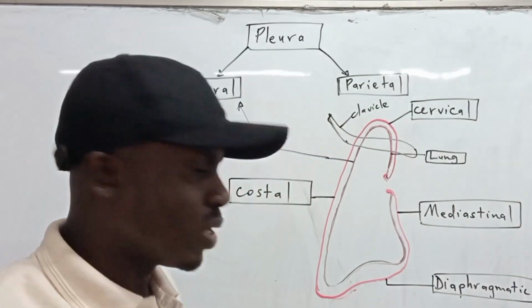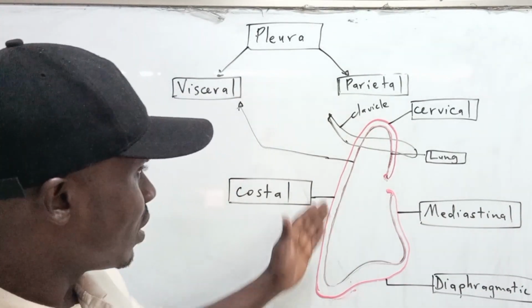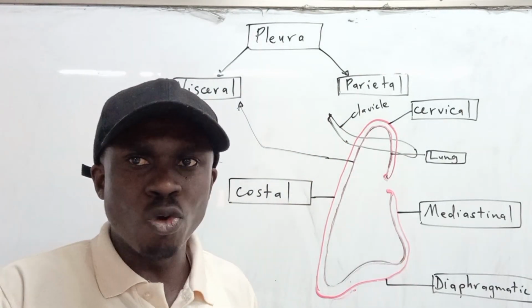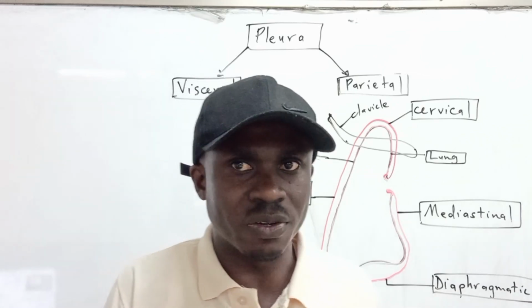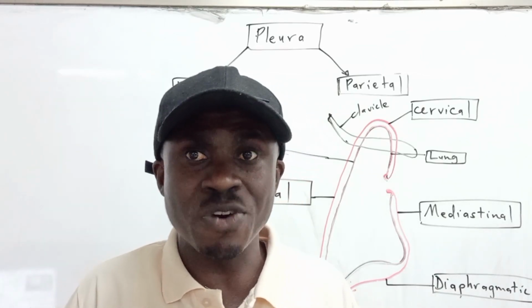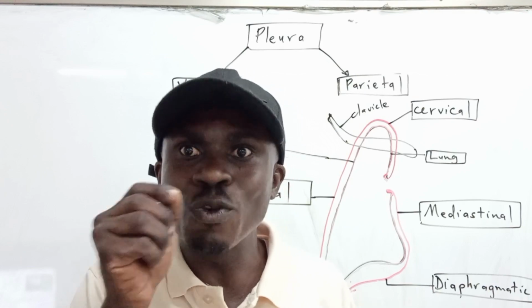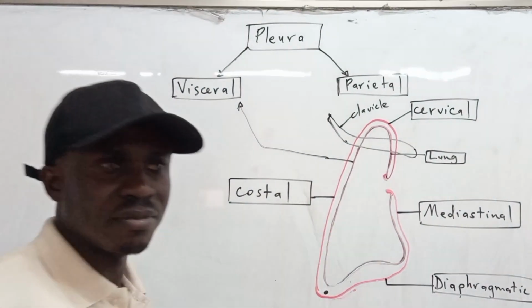But lastly, one thing I want you to know about this diagram is, now look at this. This is the costal pleura, this is the diaphragmatic pleura. The most dependent site where, for instance, if there's an infection of the lung region and excess fluid, which we call pleural effusion, gets collected, where is it going to be? It's going to be at this region.